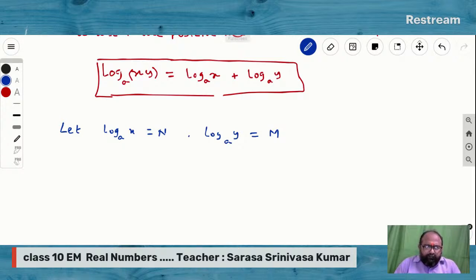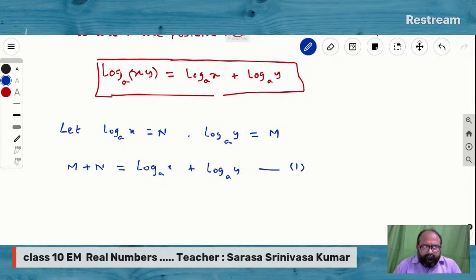From this, m plus n equal to log x base a plus log y base a. So this is equation 1.